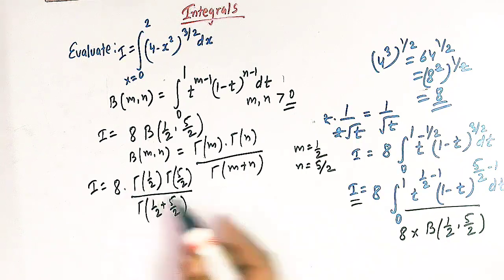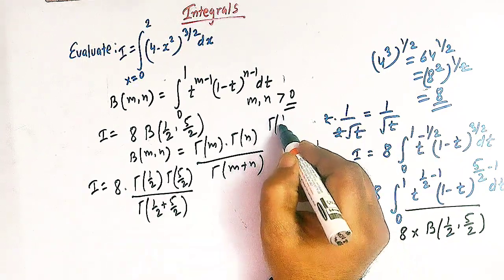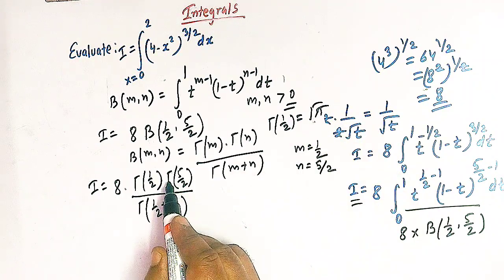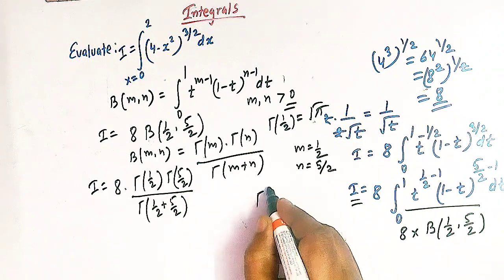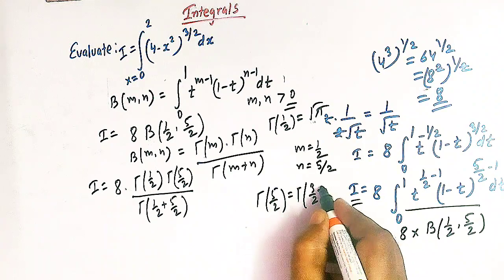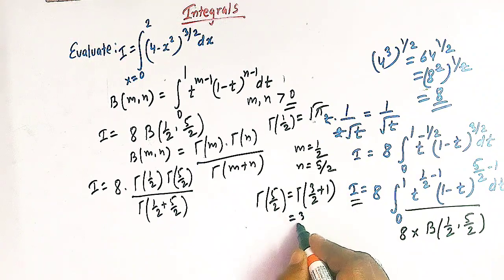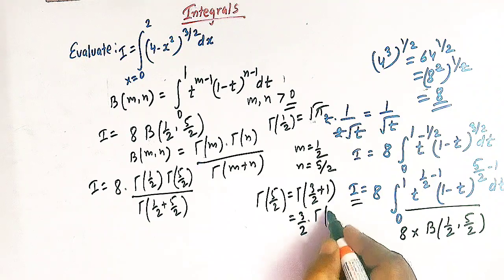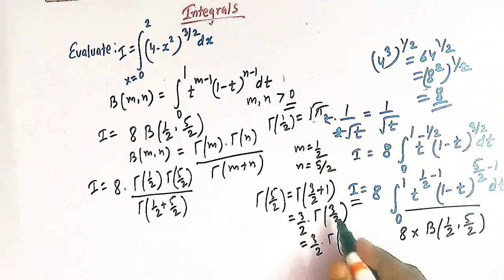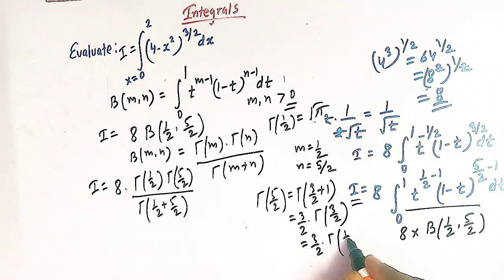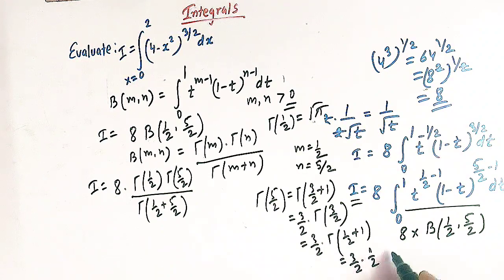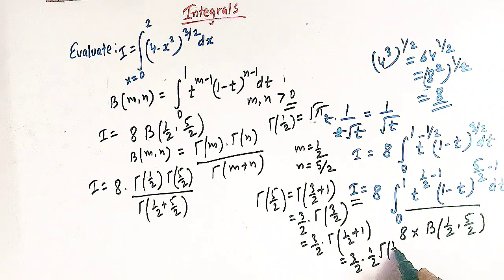Now we know that gamma of half is given by square root of pi, and gamma 5 by 2 can be written as 3 by 2 plus 1, which is 3 by 2 times gamma of 3 by 2. Gamma 3 by 2 can be written as half plus 1, so this is 3 by 2 times half times gamma of half.